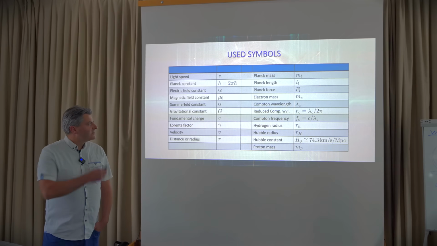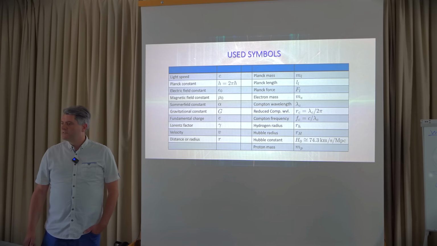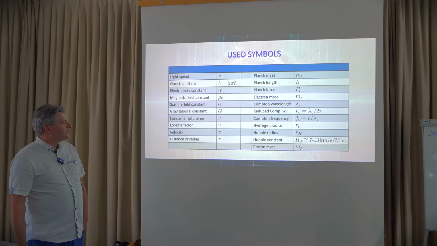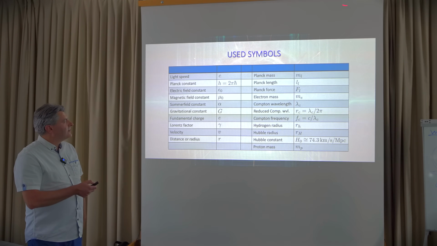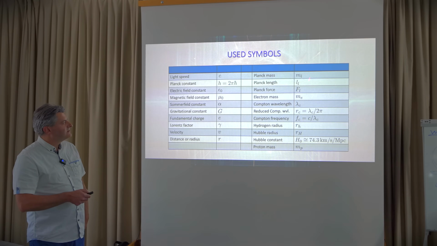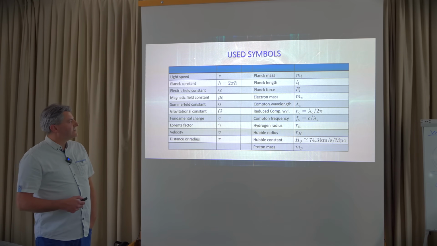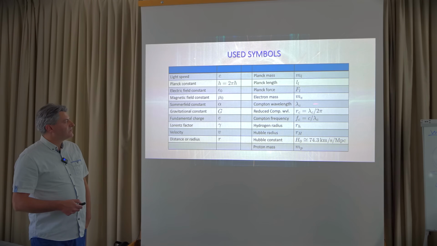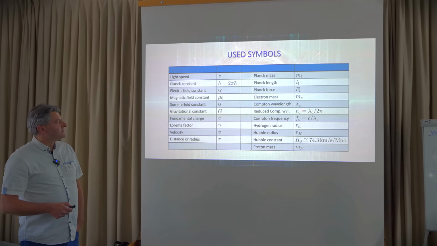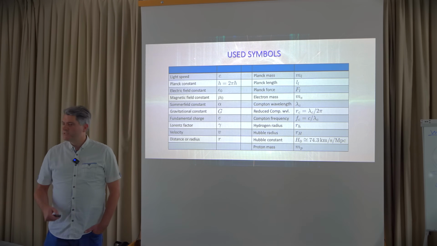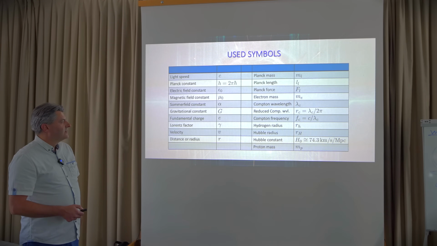First, I want to start with a slide about the symbols that I use. Most of them are pretty standard. A few things are worth pointing out, though. Everything that's related to the Planck units has a subscript L. Everything related to the Compton wavelengths has a subscript C. What definitely comes up a lot is the reduced Compton wavelength, which is just the Compton wavelength divided by 2π, and also the Compton frequency associated with the Compton wavelength.